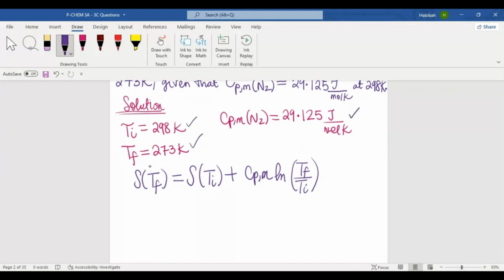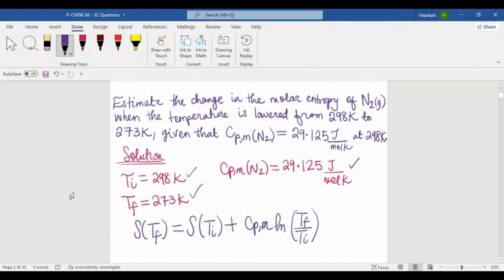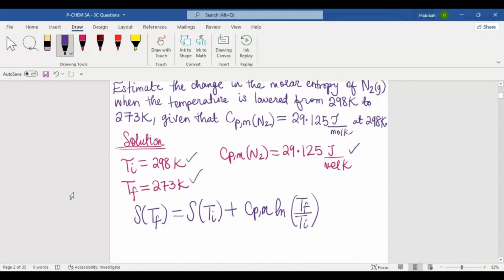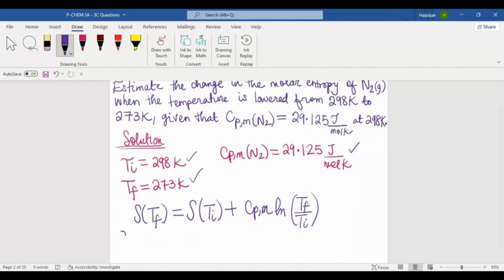But you may be wondering, why don't we have the molar entropy for the initial temperature? Well, the question does not require us to find the molar entropy for the initial temperature because we're asked to find the change in molar entropy. So we can rewrite this formula as the molar entropy of the final temperature minus the molar entropy at the initial temperature is equal to Cp,m ln T final divided by T initial.